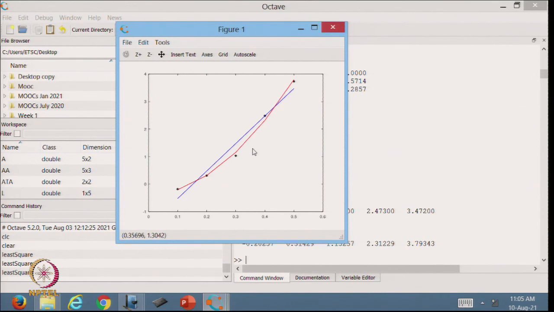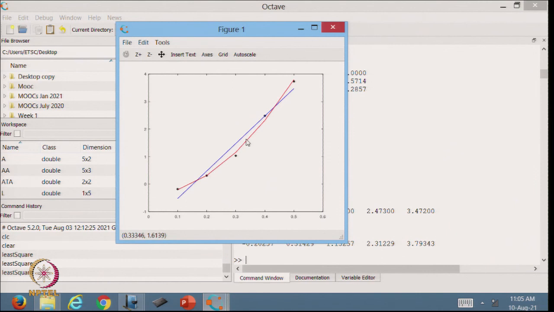In the case of quadratic, it is passing exactly through 3 points and going a little bit away from these 2 points, but the line is passing through only 1 point and going away from these 4 points. So you can see that in this case the quadratic seems better than the linear fit, because these points are very close to the quadratic equation.